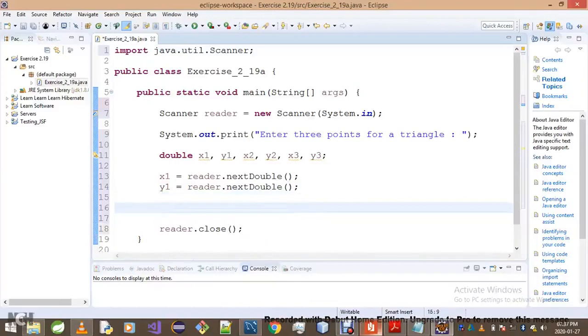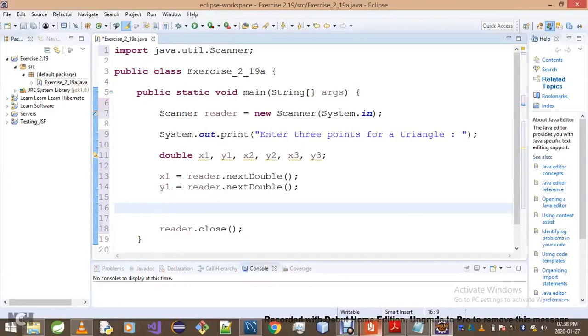matters. Suppose you decide to go x1 equals reader.nextDouble, and then after that you go x2 equals reader.nextDouble. You will be basically saying you're reading only x coordinates.